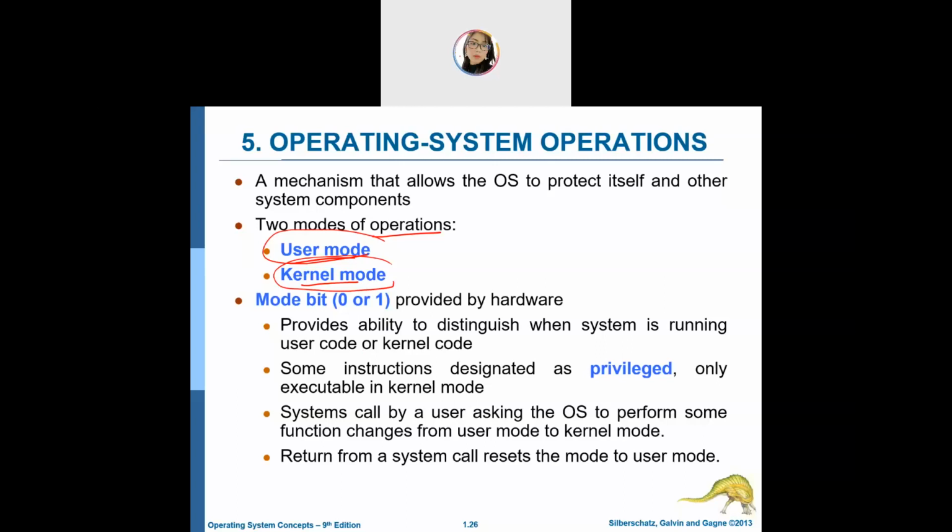The mode will be 0 or 1, which is provided by your hardware. It provides the ability to distinguish when the system is running either user code or kernel code.